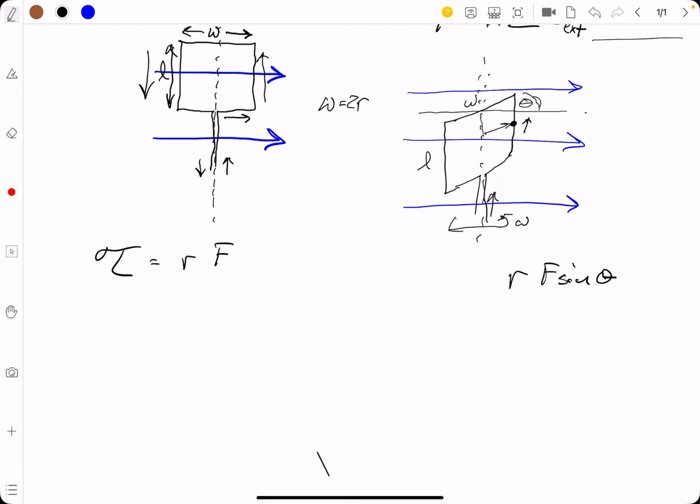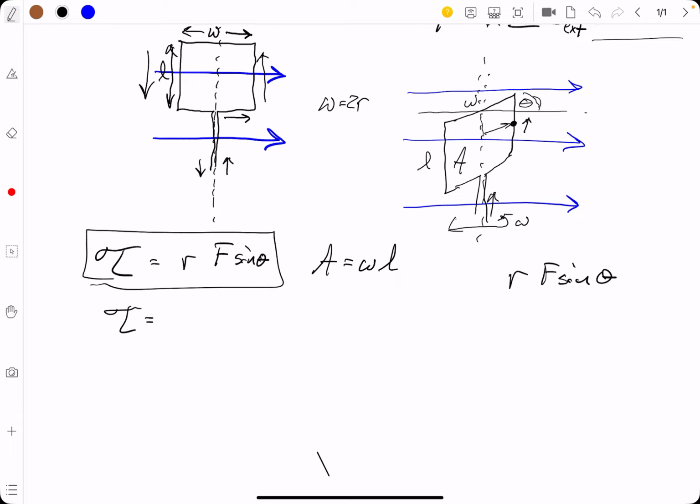So in the end, for one loop, because this is the area of one loop, the area is equal to our width times our length. Then in the end, our torque is equal to, I've got to put a sine theta here. All right, our torque is equal to our width times the length times our current going through the loop times the external B field that it's sitting in, times the sine of theta.